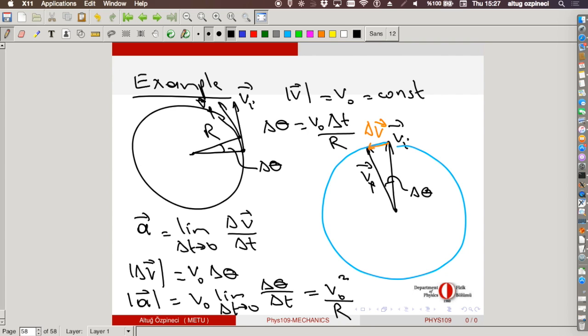And you see, this is the initial velocity vector. Acceleration is in the direction of this delta v. And delta v is almost perpendicular to vi. Now, what is that angle? What is this angle?